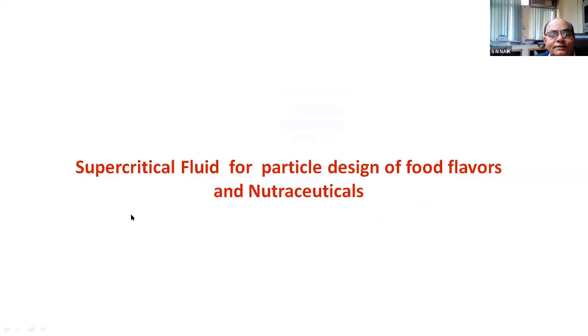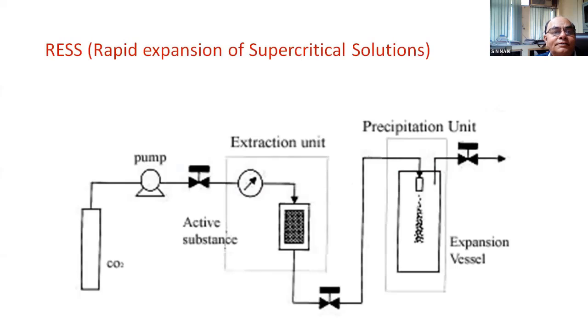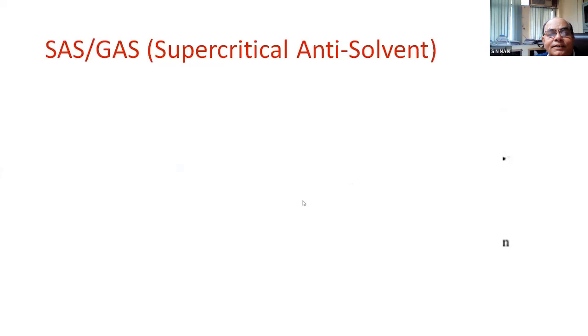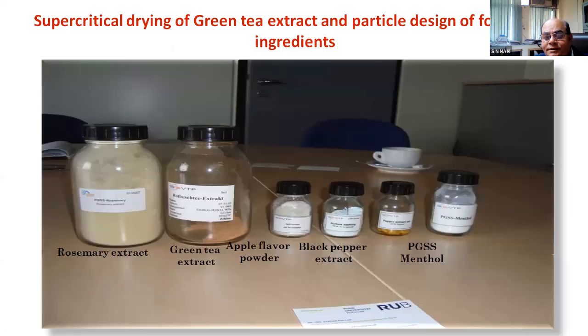So basically, there is a lot of scope, and now people are working on nutraceutical particle design in the supercritical medium. That is called rapid expansion of supercritical solution and gas assisted solvent. So basically, you can see a lot of products. This I have taken from Germany: rosemary extract, green tea extract, apple flavor, black pepper extract, PGSS.